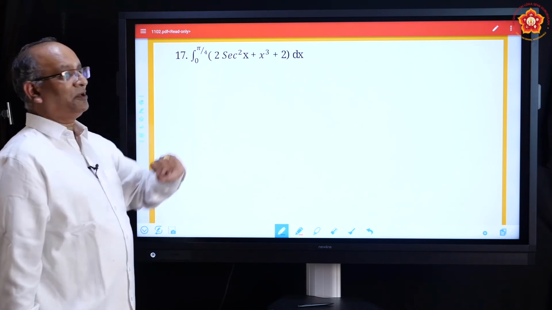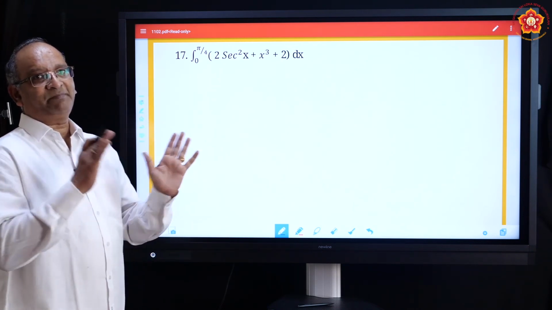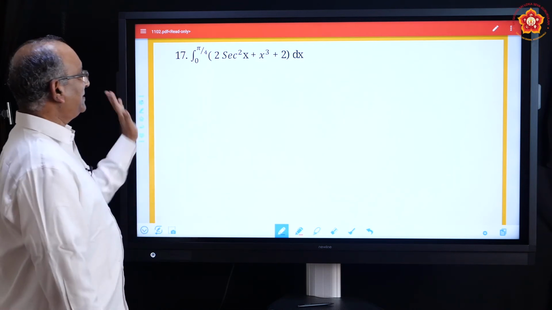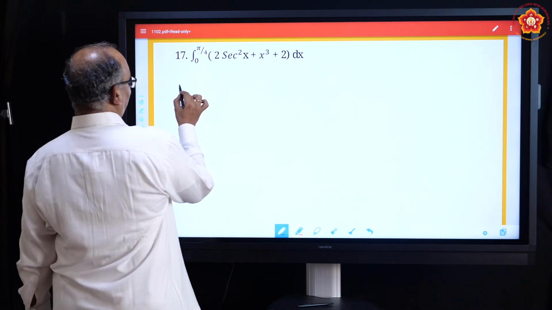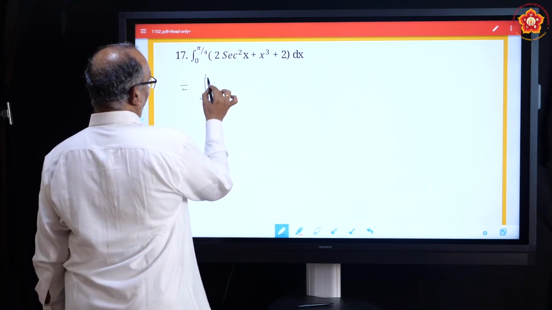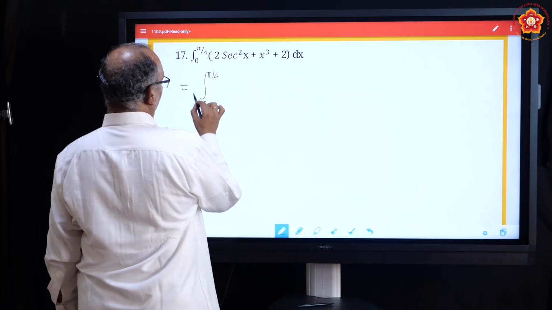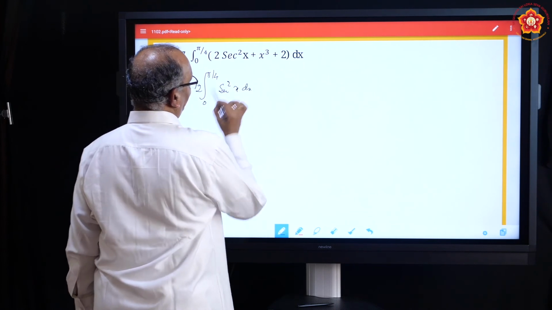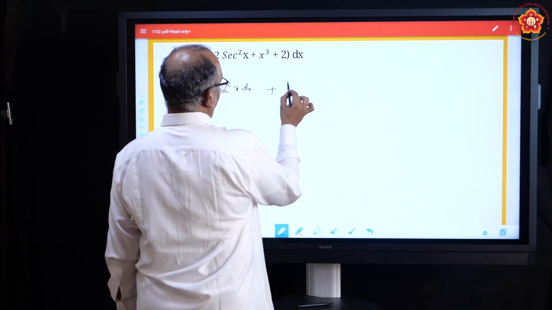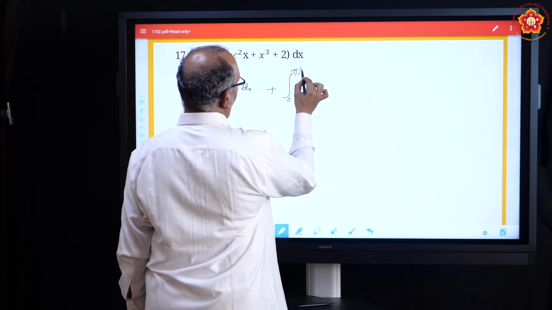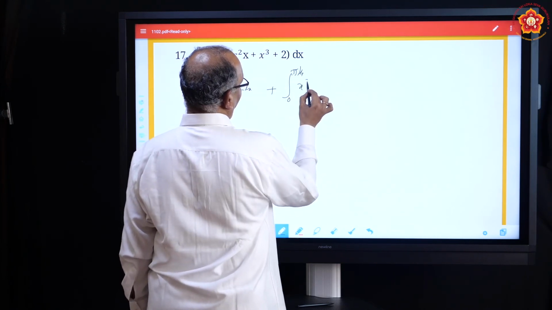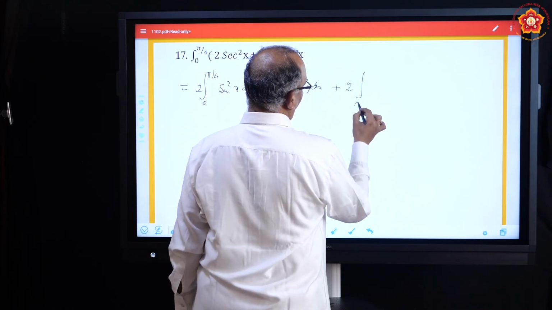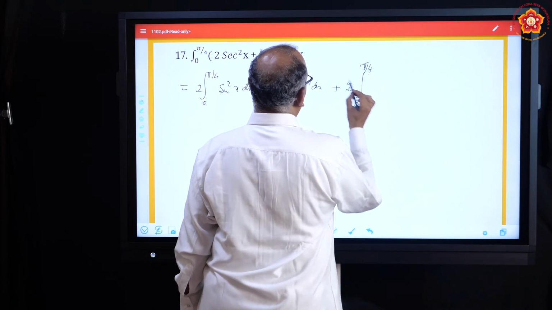Yes, this problem is something like the third problem. There are many functions. There were all algebraic functions, but here it is a combination. So separate it. So this can be written as 0 to pi by 4, 2 can be kept outside, sec square x dx, separate function, plus 0 to pi by 4 x cube dx, plus put 2 outside, 0 to pi by 4 dx.